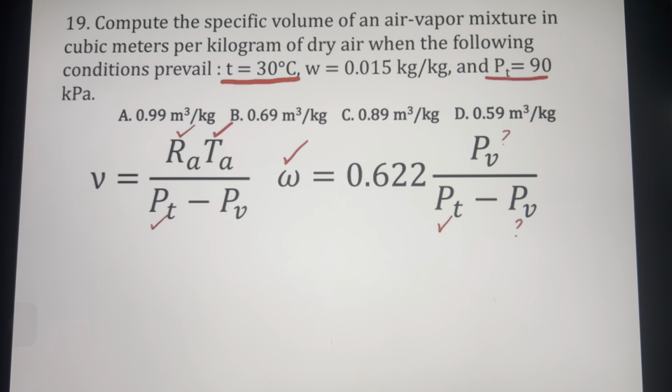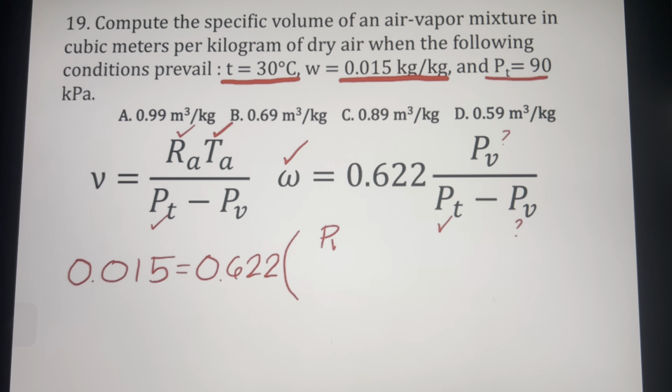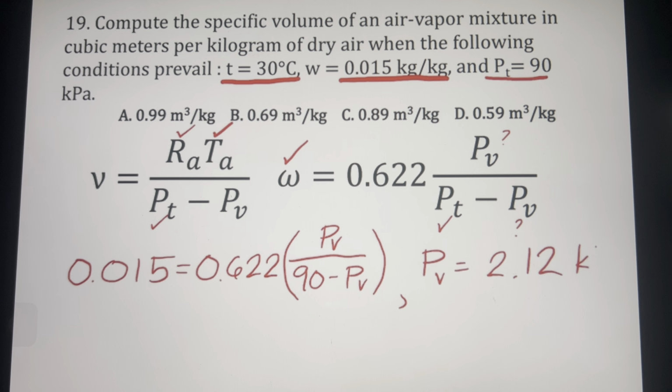Our specific humidity is 0.015, that's 0.622 times PV over PT, which is 90, minus PV. What is our vapor pressure? That is 2.12 kilopascal.